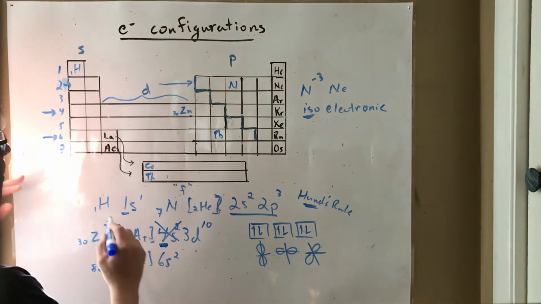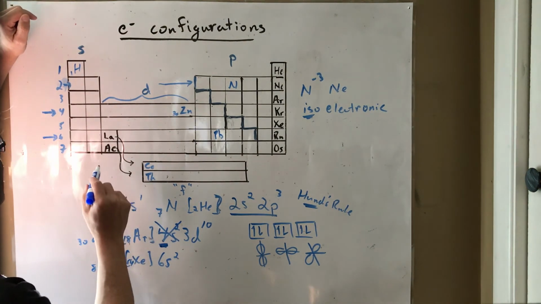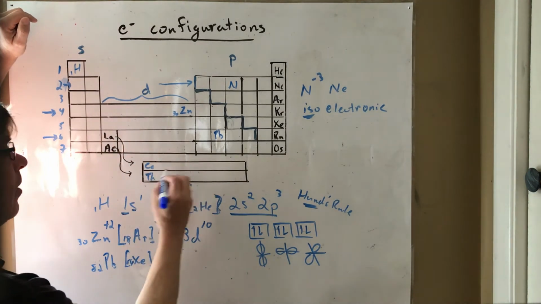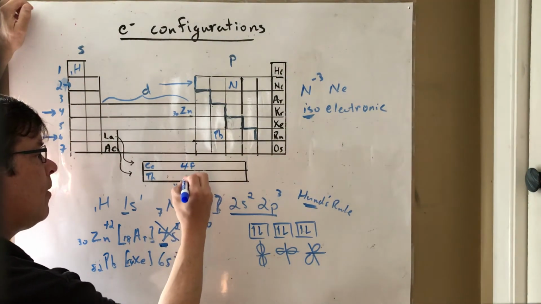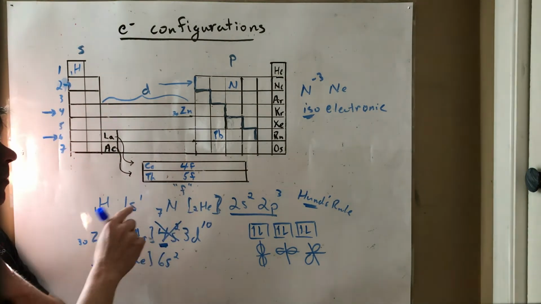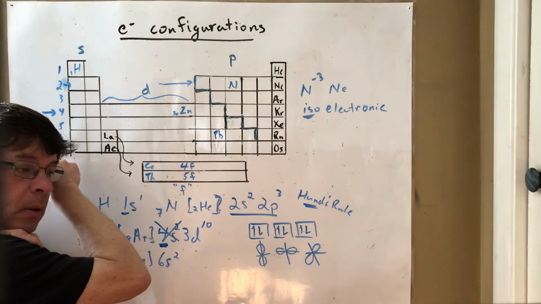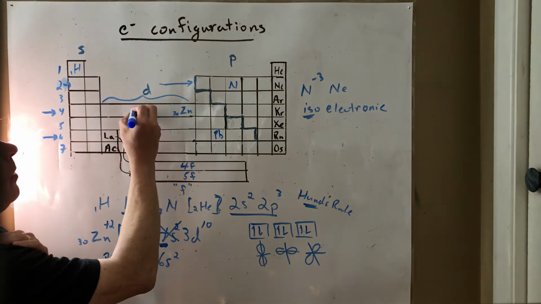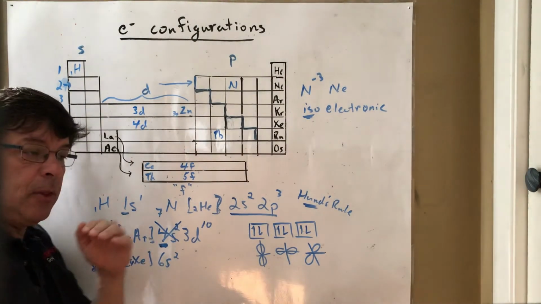All right, now, what happens here is after lanthanum, we would go into this F block, and this would be 4f, and this is 5f. Okay, how do we remember that? The F block is always 2 less than the row. The D block, this is 3d, 4d, it's 1 less than the period number it's on.